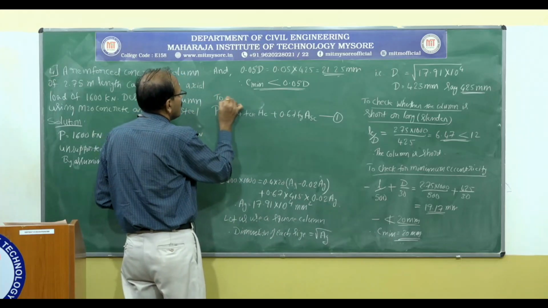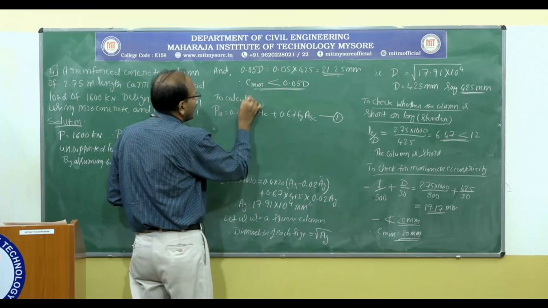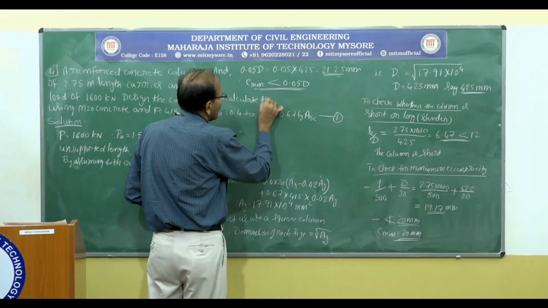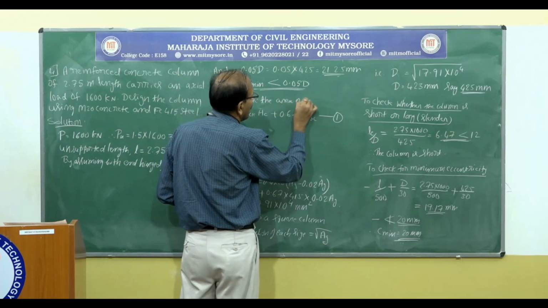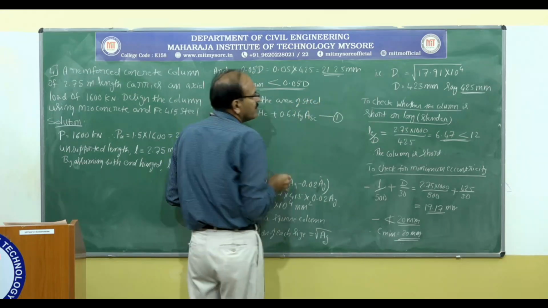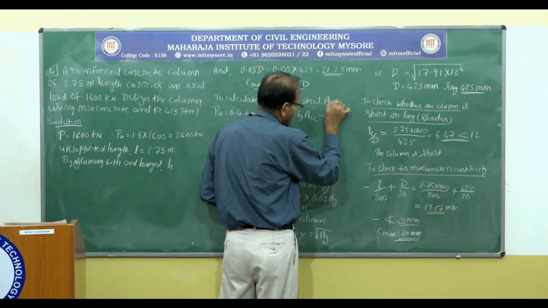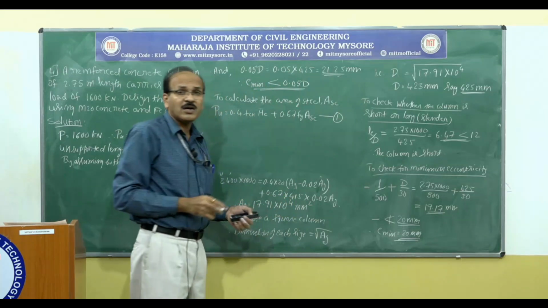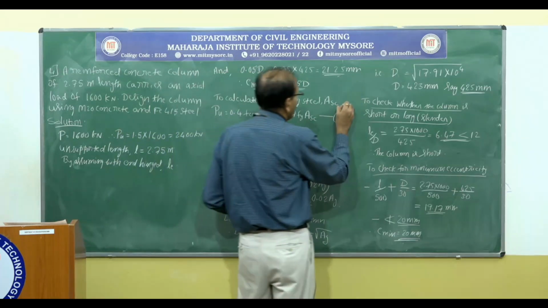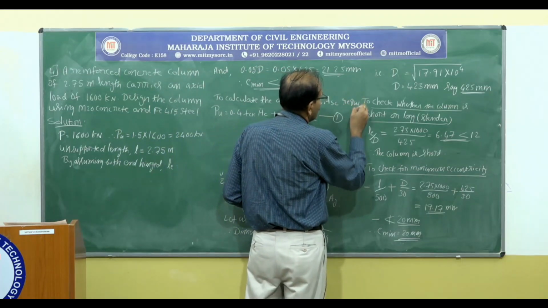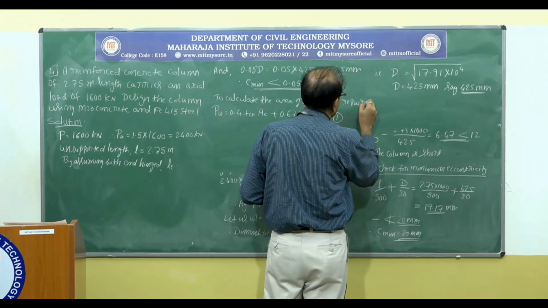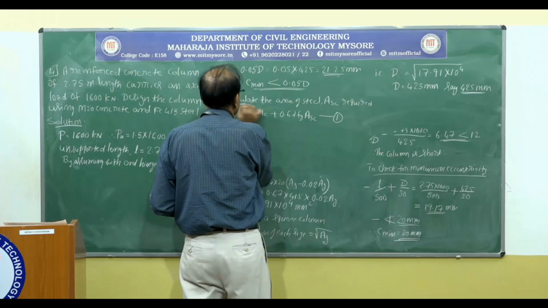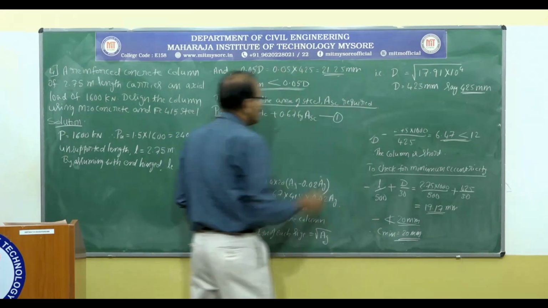To calculate the area of steel ASC, that is the longitudinal steel or compression steel, required.